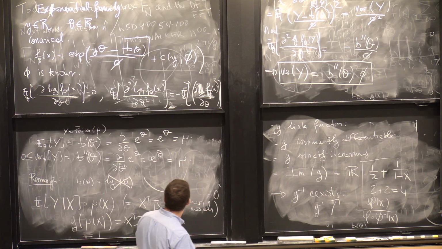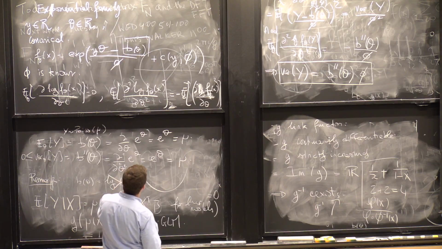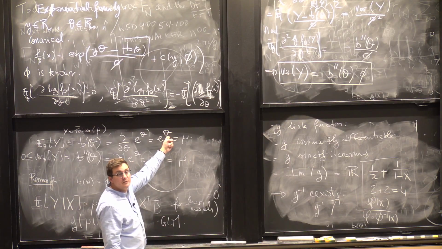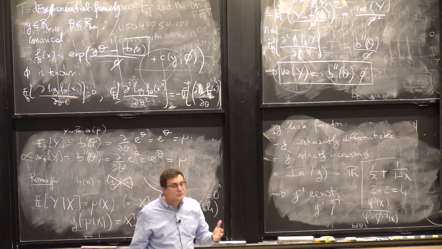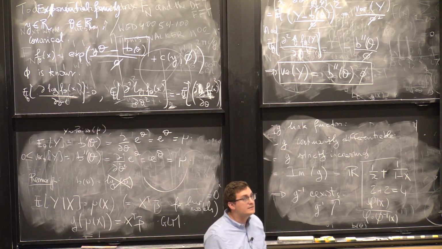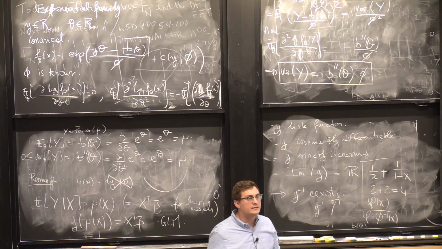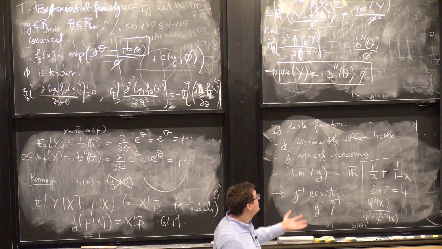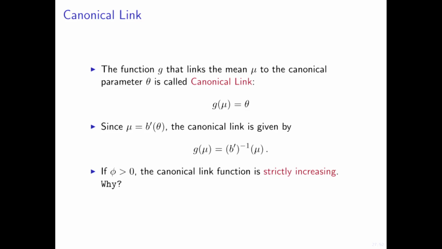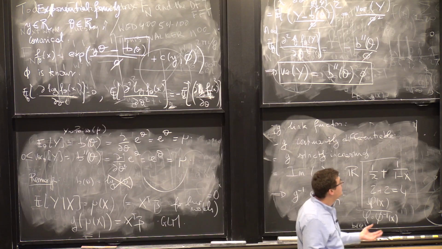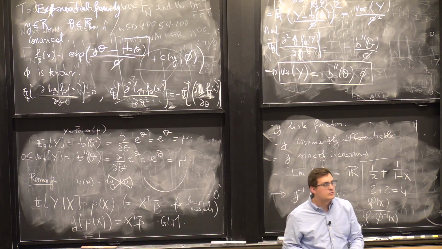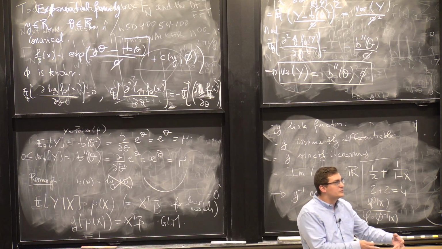Here, for example, mu is b prime of theta, but the canonical parameter is theta. And the parameter of a canonical exponential family lives in the entire real line. It was defined for all thetas. So in particular, I can just take theta to be x transpose beta.